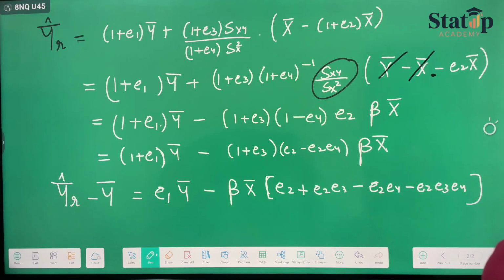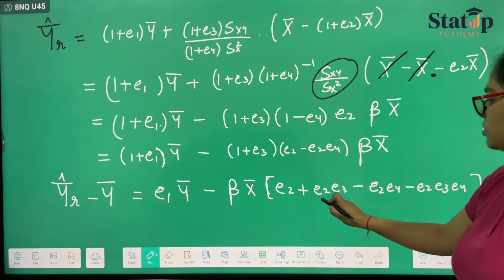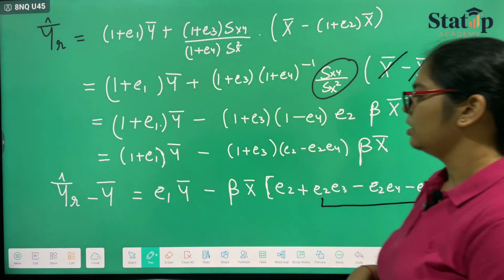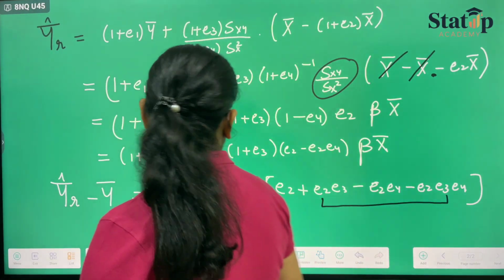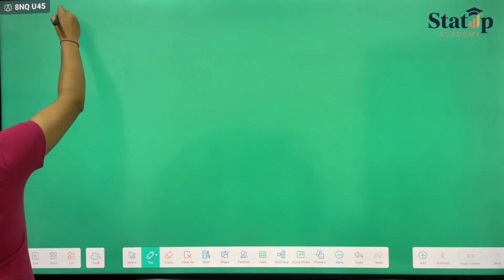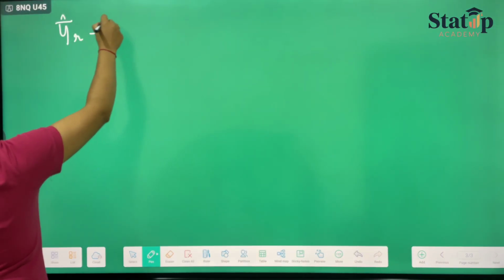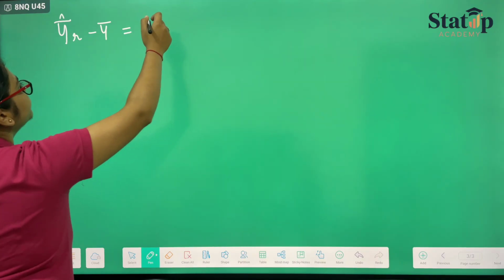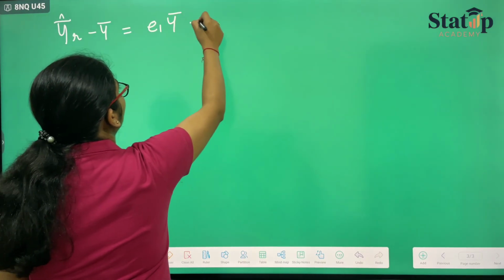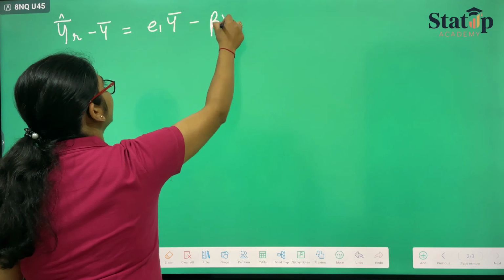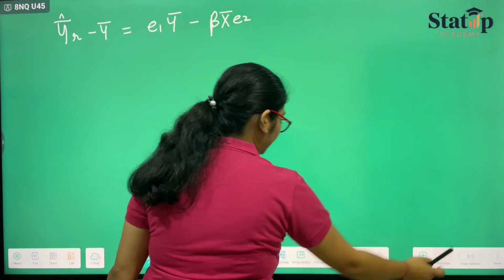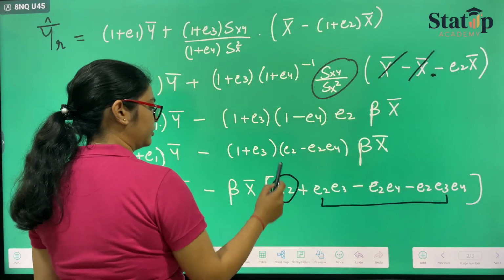Now since we are taking first approximation, all these terms whose power is greater than 1 will be cancelled out, and our final answer would be regression estimator minus y bar is equal to e1 y bar minus beta X bar e2, since only e2 was left here.